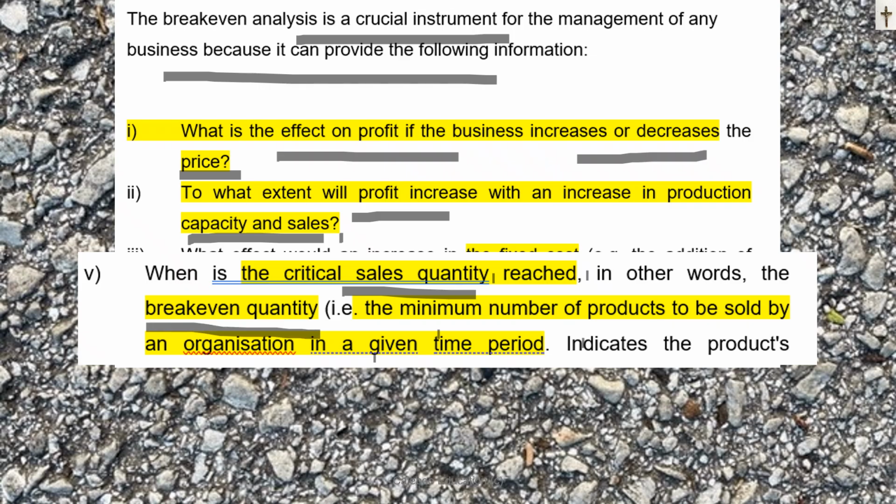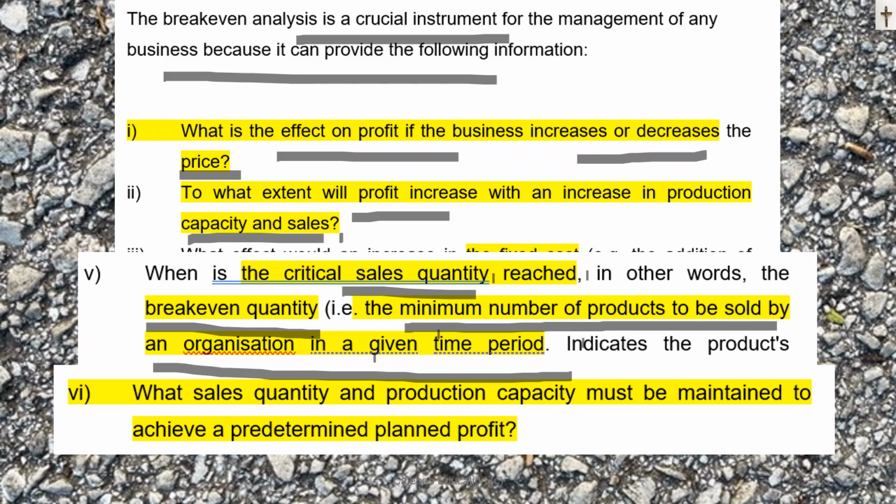Here it says it's the break-even quantity, so it's the minimum number of products to be sold by an organization in a given time period, and what sales quantity and production capacity must be maintained to achieve the planned profit. So break-even analysis tells us quite a bit about the business. You can see the importance of being able to calculate the break-even point.